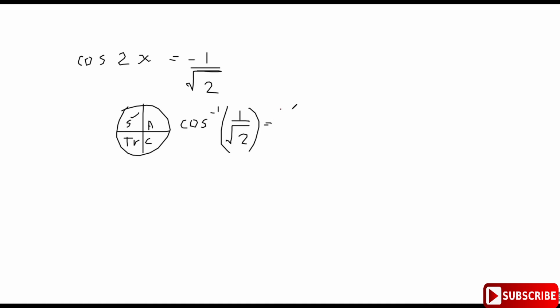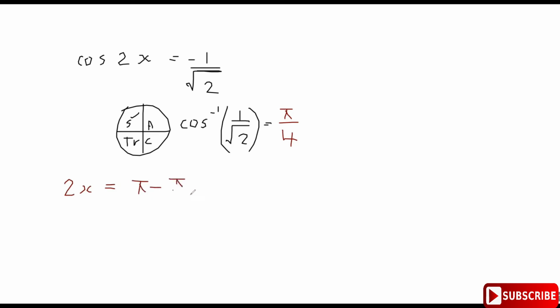So we are getting pi over 4 in radians. Since we get pi over 4, the corresponding angles will now give us that 2x is equal to, in this quadrant, the corresponding angle of 180 minus, so it's going to be pi minus pi by 4.